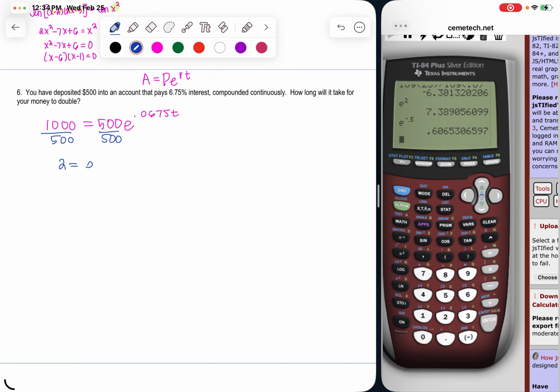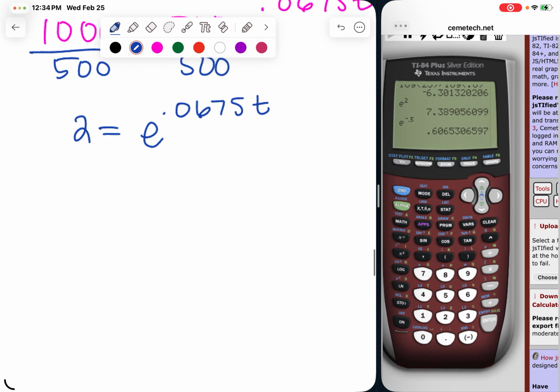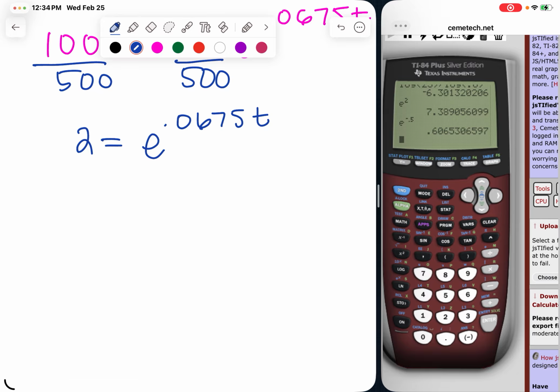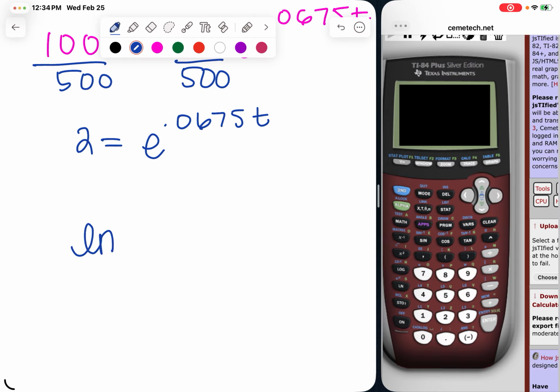So we have 2 equals E to the 0.0675 T. Okay, so this could have easily been the first problem that we did. We want to solve for the exponent, okay? And I don't know E to what power gives me 2. So we're going to use logarithms. Since the base is E, I'm going to use natural log.